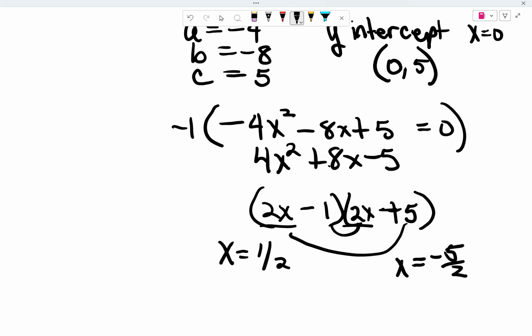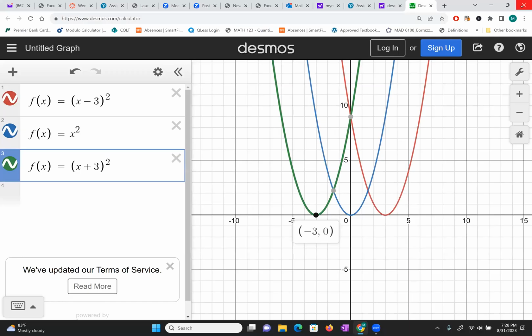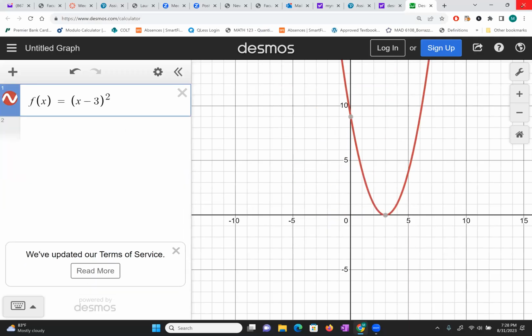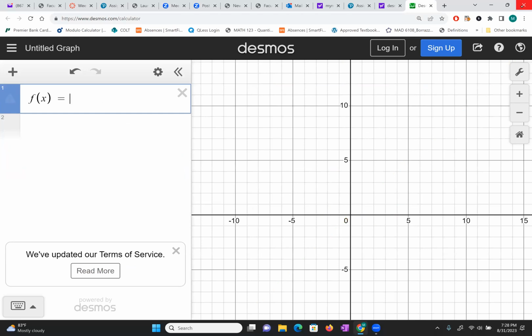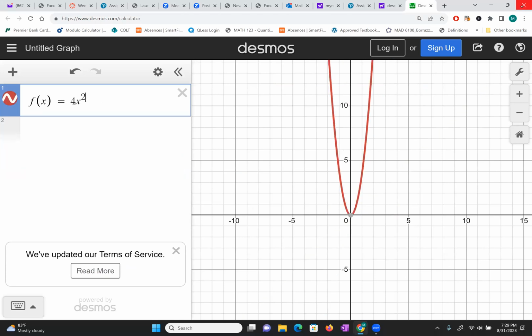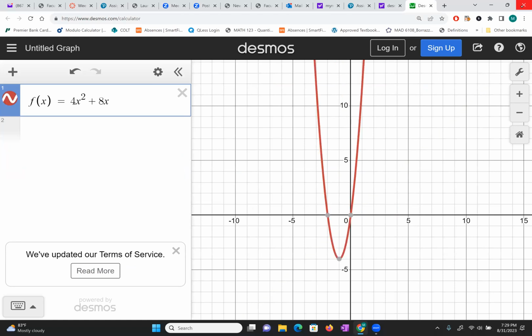And if you go to Desmos, let's go to Desmos and graph this puppy. So we're going to graph 4x squared plus 8x minus 5. So I'm going to go back to Desmos. Okay, so one more time, we're going to do 4x raised to the second plus 8x minus 5.